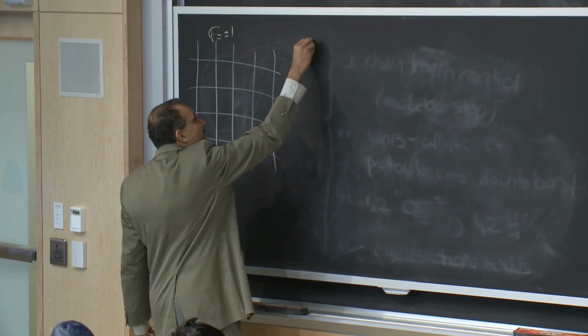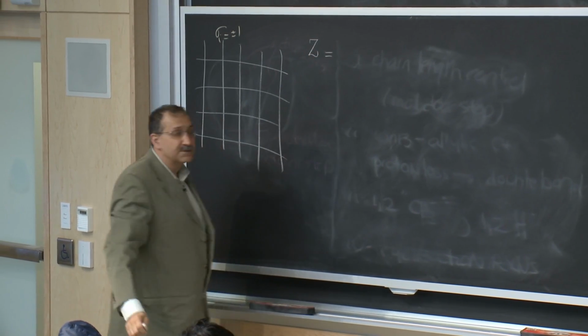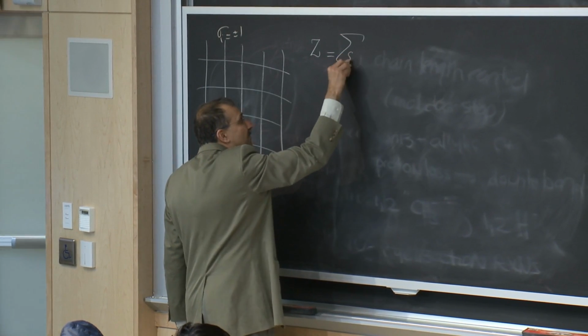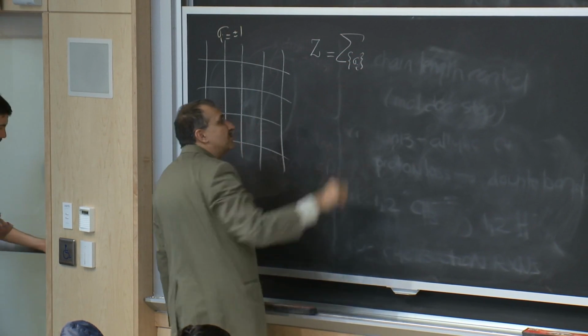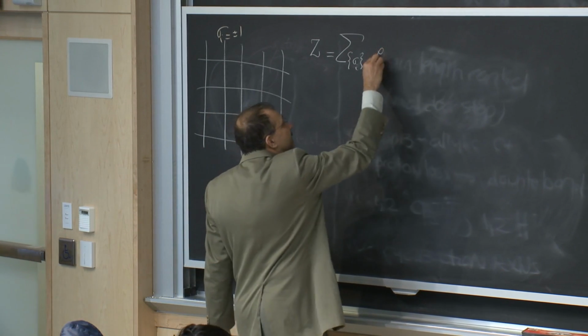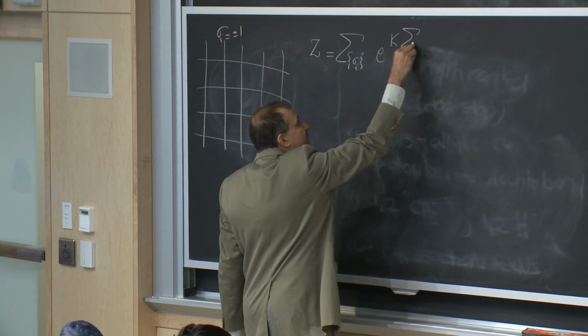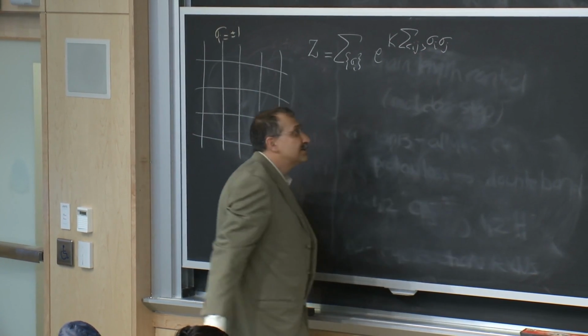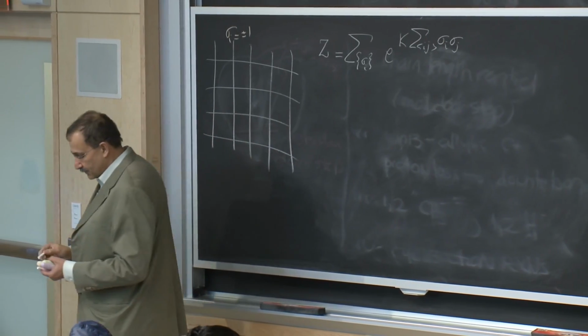And our task is to calculate a partition function, which for n sites amounts to summing over 2 to the n binary configurations of a weight that favors near neighbors to be in the same state with a strength K.